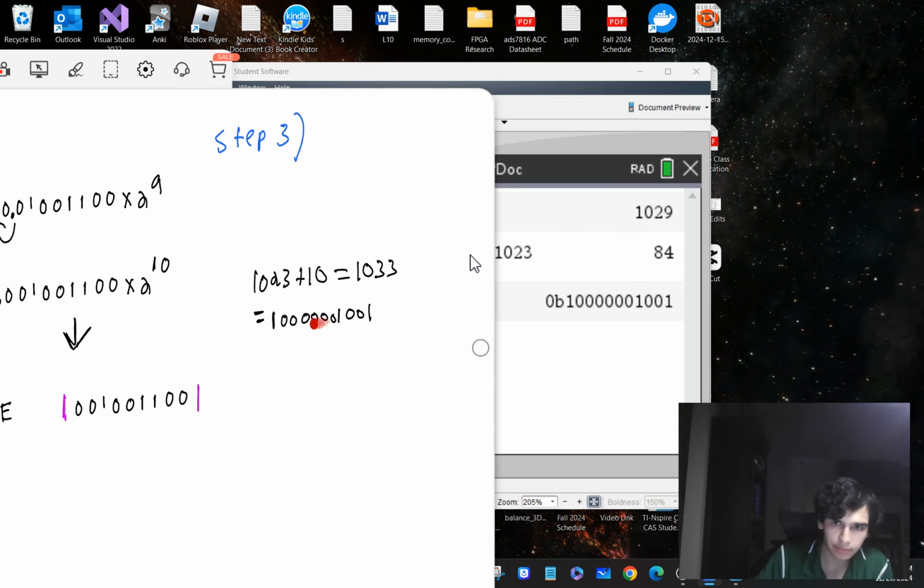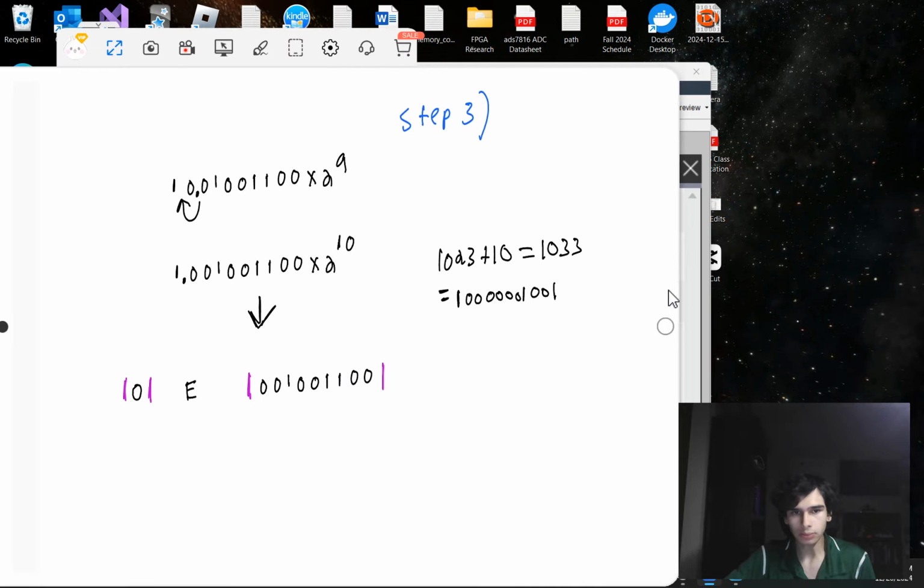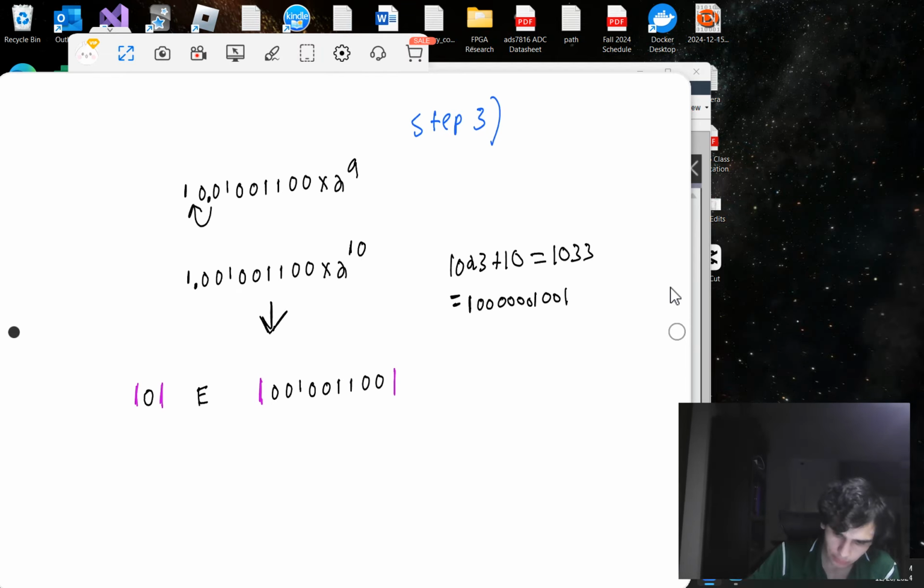So this number here is that. So then we know that that is our exponent.